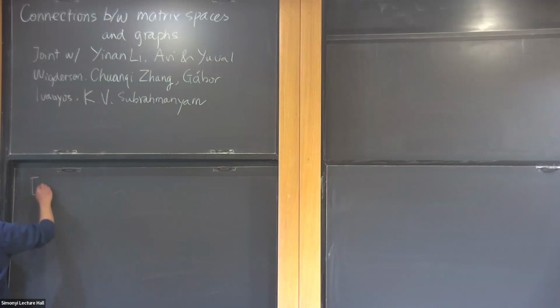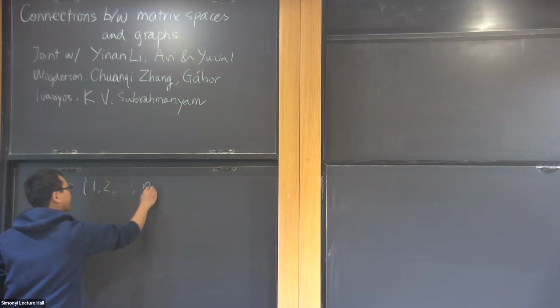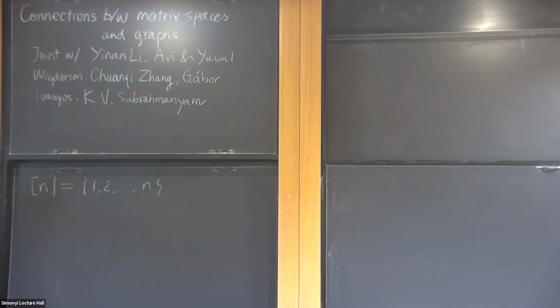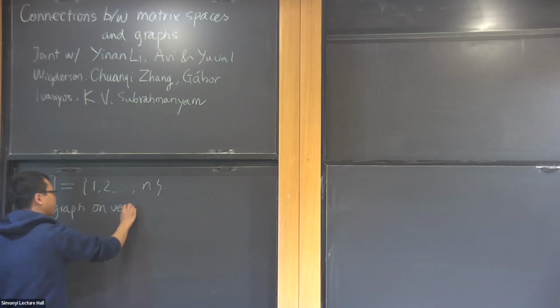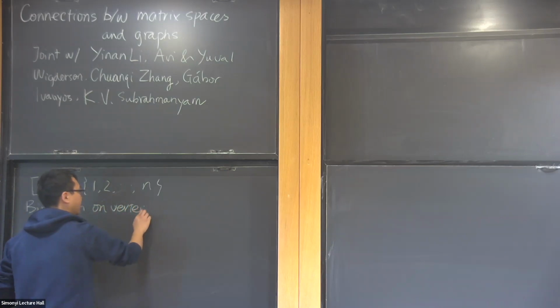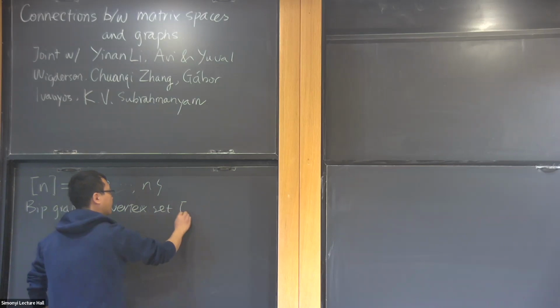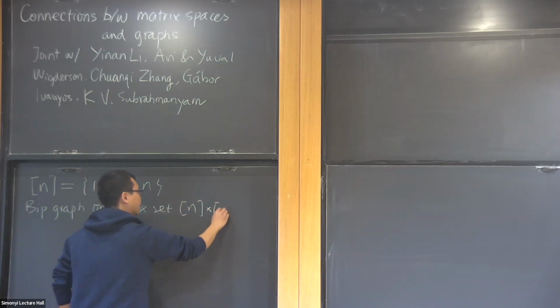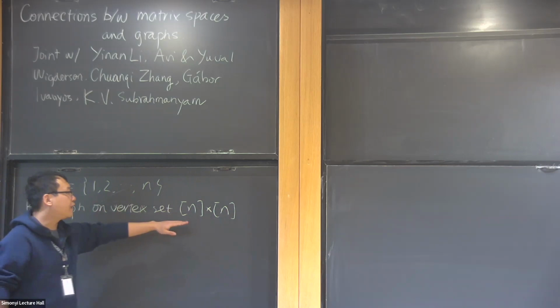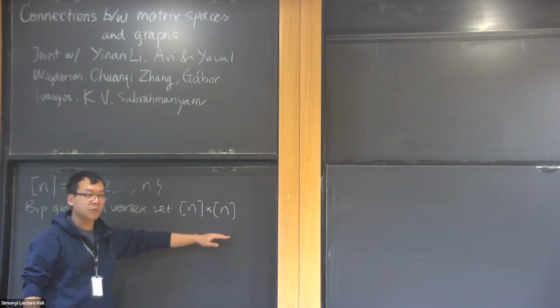So n will be a natural number, so this will be 1, 2, 3. I will be mostly looking at bipartite graphs on labeled vertex sets. So a bipartite graph in this talk will be on vertex set n cross n. Namely, left vertices labeled from 1 to n, right vertices labeled from 1 to n.